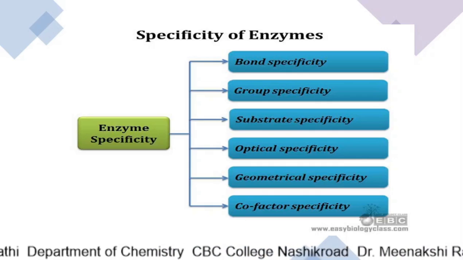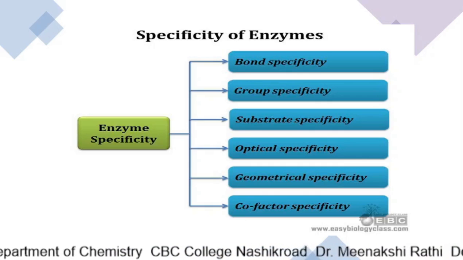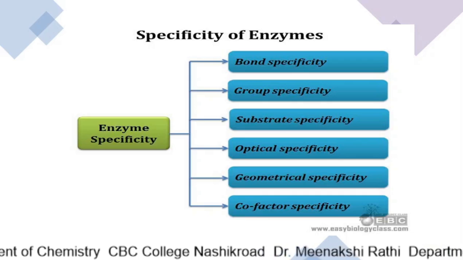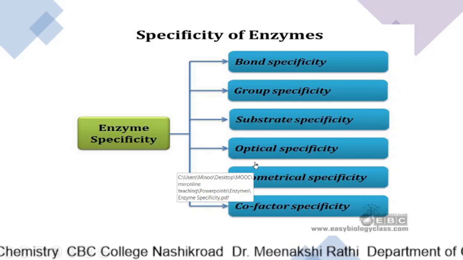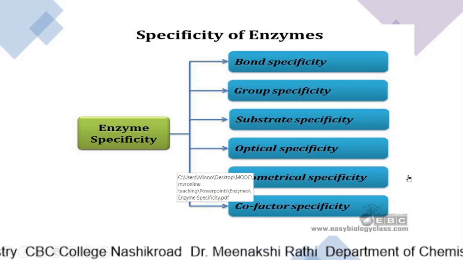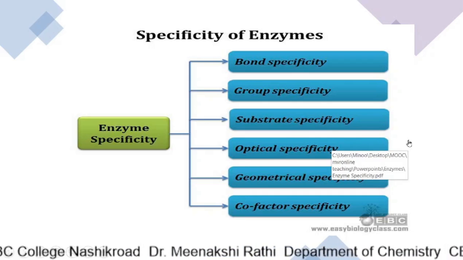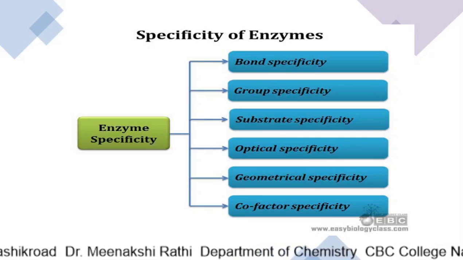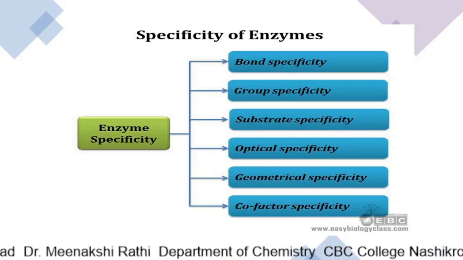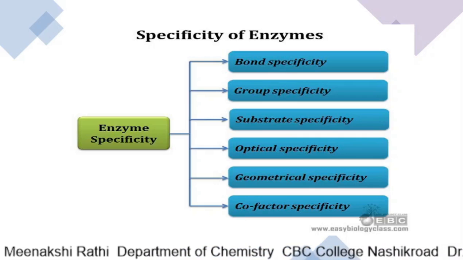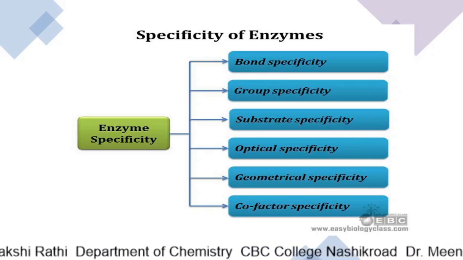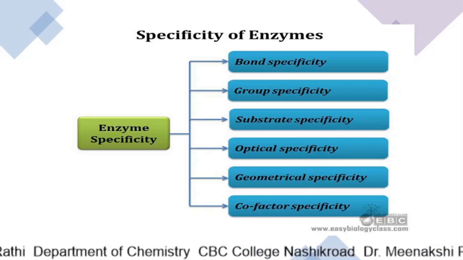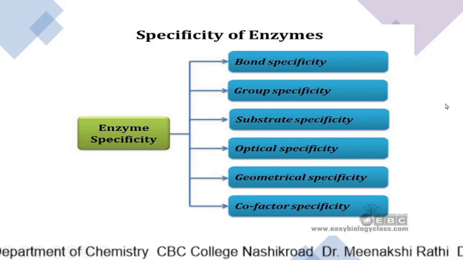Actually, there are three main specificities of enzyme. One is already given here, substrate enzyme specificity, then stereospecificity or optical specificity, and reaction specificity, which is of two types, that is bond and group specificity.